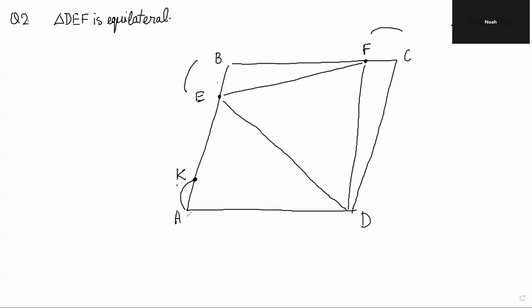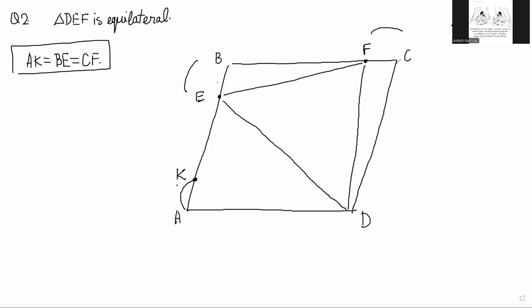I am saying draw a point K such that AK is equal to BE is equal to CF. Obviously, since it's a rhombus, BE and CF are the same. You understand that, right? So we are drawing a similar point here, K.